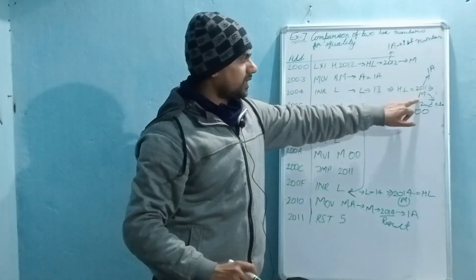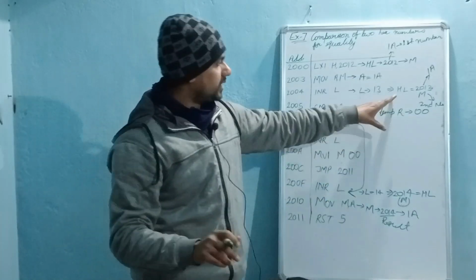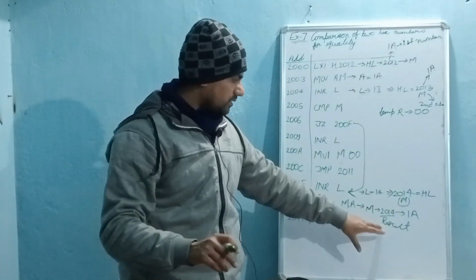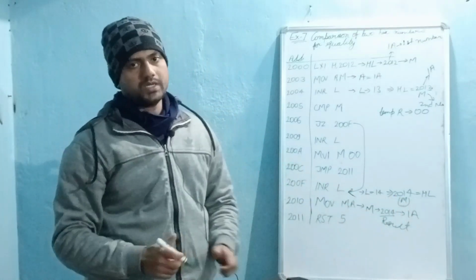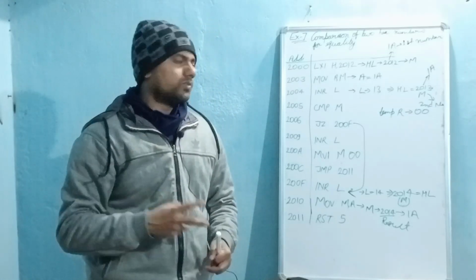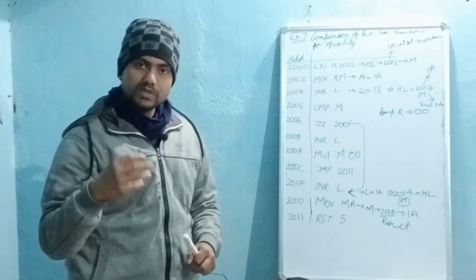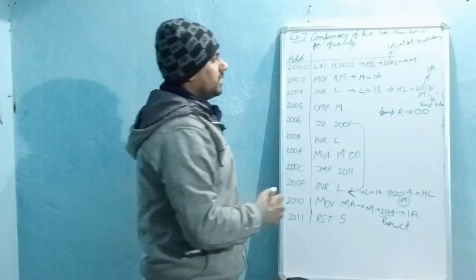So when these two numbers are compared, the processor found that those two numbers are equal. That's why we are getting at the result address, that is 2014, the number 1A. Okay, this is when the two numbers are equal. When the two numbers are not equal, in that case what will happen? Okay, now come here.